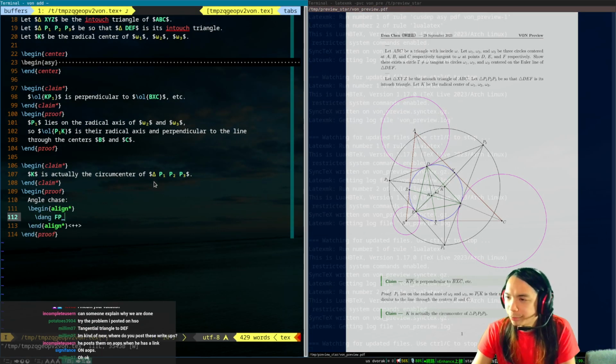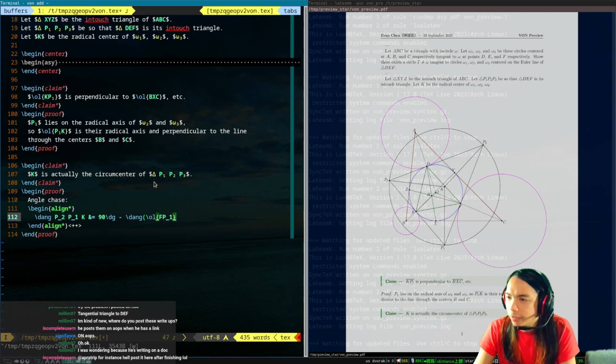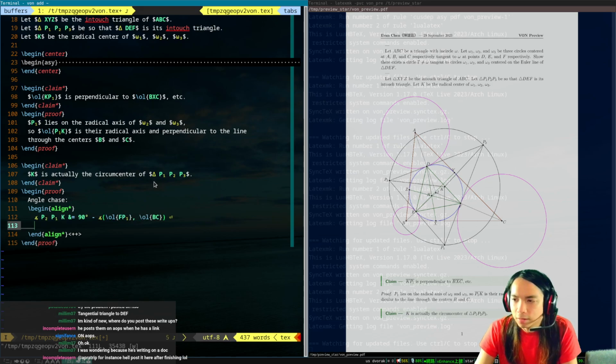So the directed angle FP1P2, P1K, is equal to 90 degrees minus the directed angle between lines FP1 and BC. Oh, I think I twisted it the wrong way. It should be BC first, BC, FP1.